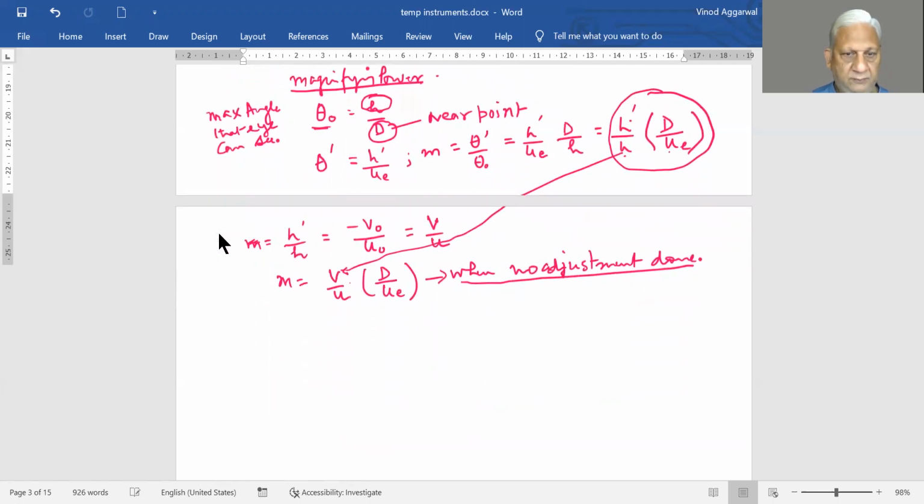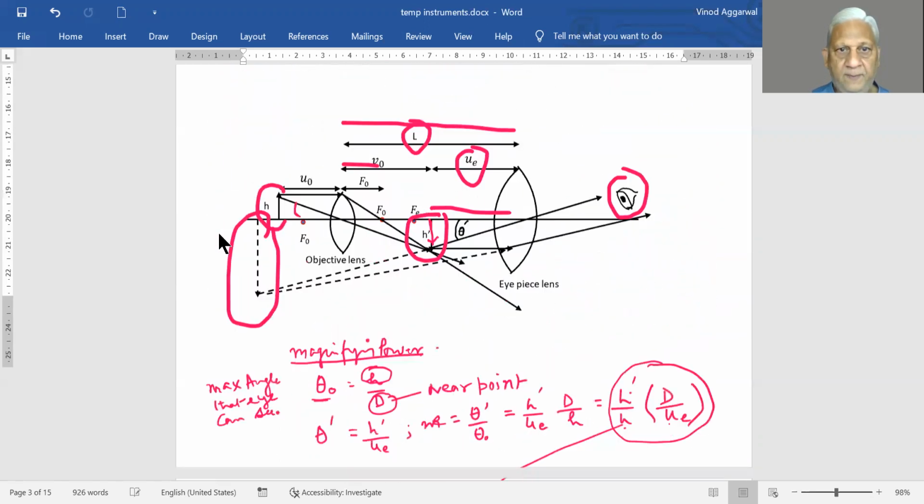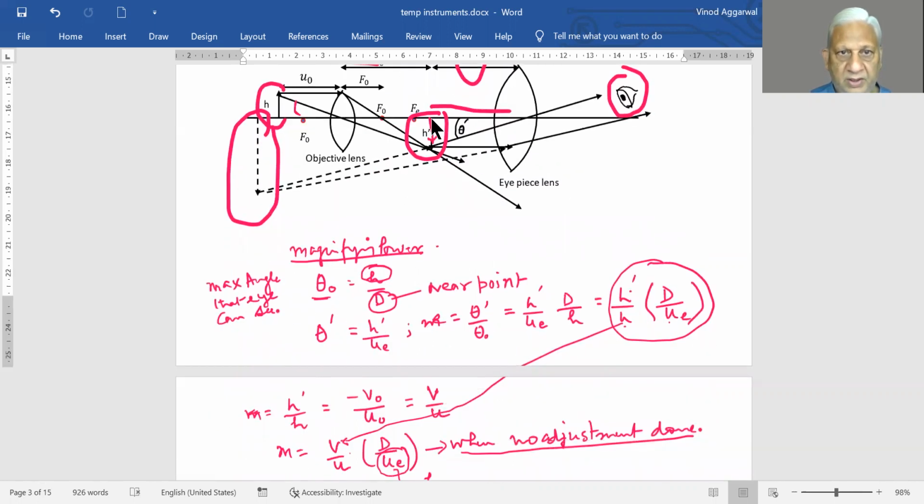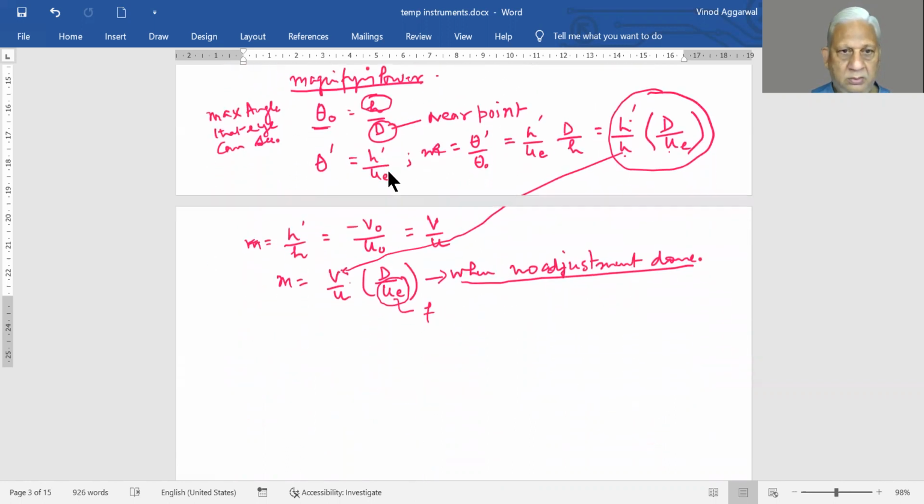Now what can be done? If we put our image at the focal point of the eyepiece, meaning if this image is formed exactly at this place, then the image will be formed at infinity and these rays will become parallel.